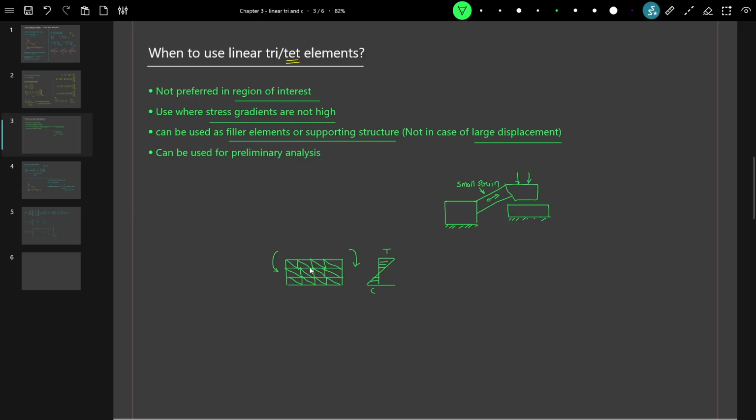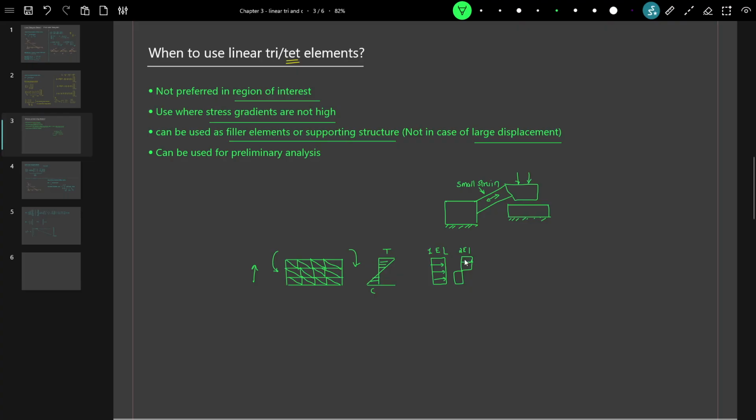But if we use only one element, as we know it is a constant stress or constant strain element, it will capture the stress something like this, so we will not be able to capture it properly. For that we need further refinement. If we use two elements, they will show behavior something like this across the thickness.